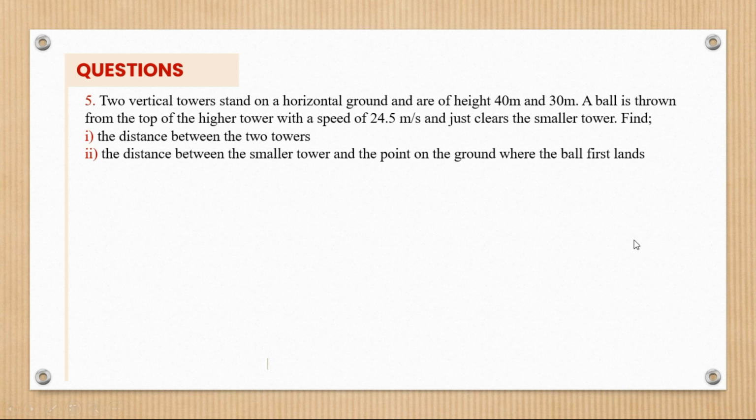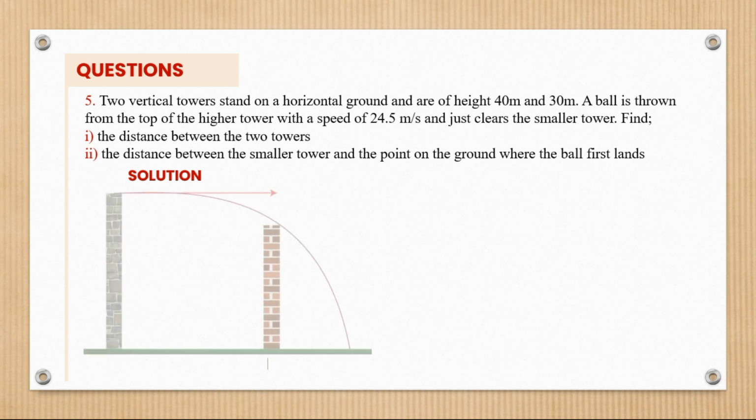Alright, so now we can try to solve this. This example is slightly different from the one we just did, because we've not been given the distance between the two towers, as we were given between the tower and the wall. So that is going to be a unique one, but let's first label the values we've been given. The initial velocity is 24.5 meters per second.